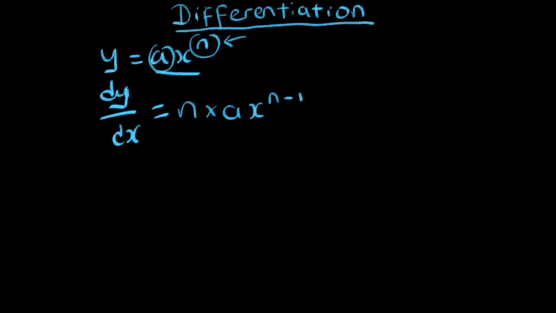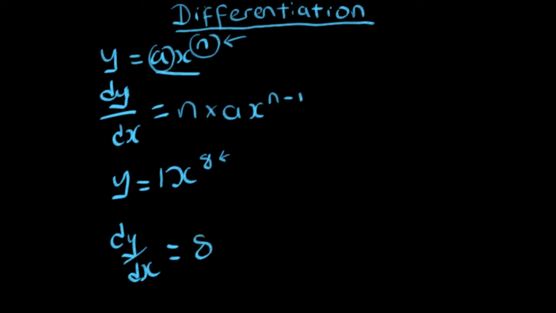So we're going to have, as our first example, y equal to x raised to power 8. To differentiate this, we're going to have dy over dx equals, so we said that we're going to use this power here to multiply whatever coefficient we have in front, and in this case the coefficient is an imaginary one, right?